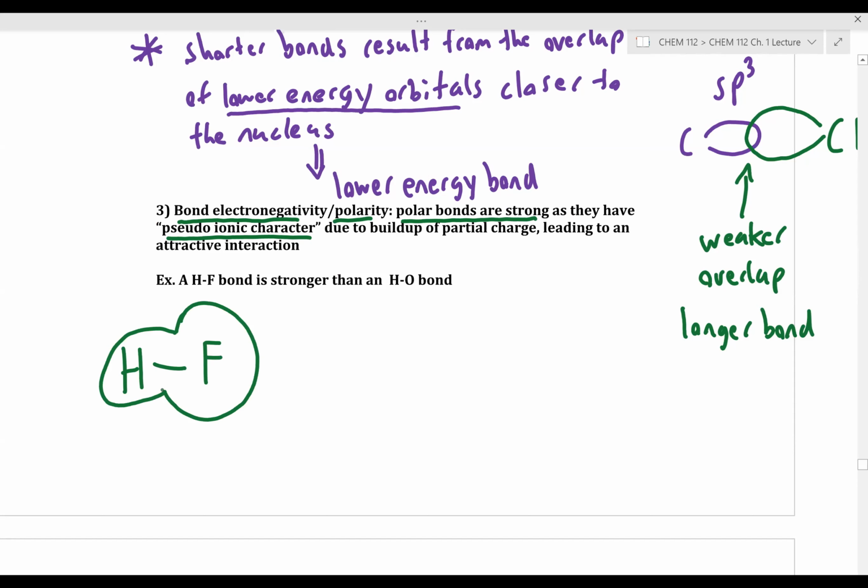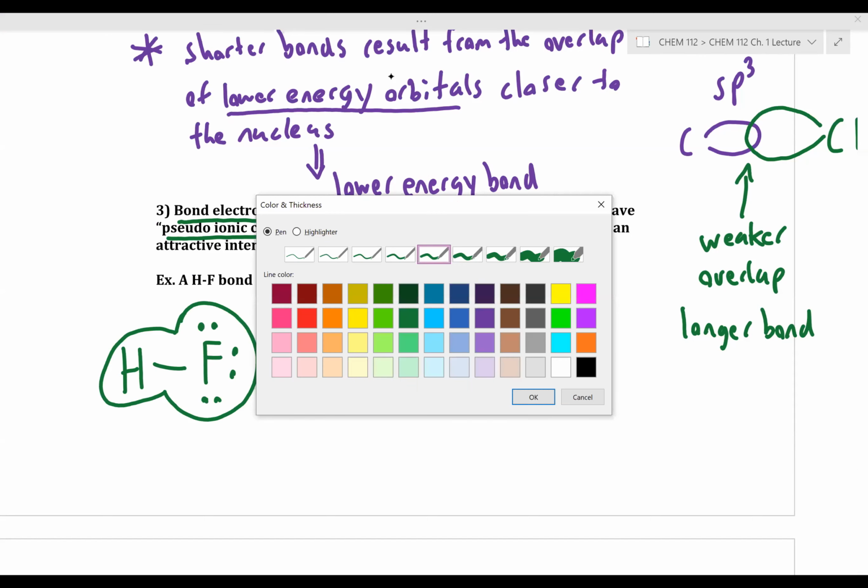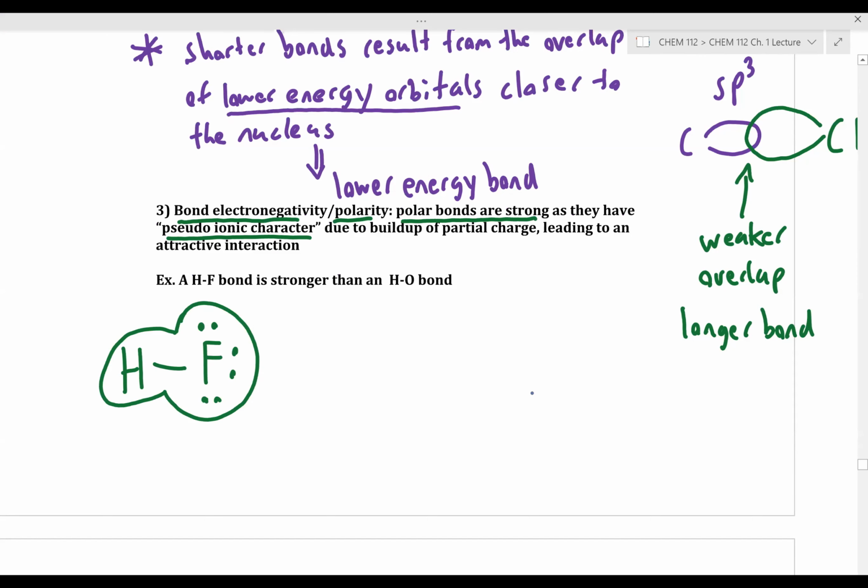Now, as a result of this uneven distribution of electron density, as a result of this polar bond, my question to you is, what kind of charge will build up on fluorine? Partial negative, right? And hydrogen will have a partial positive charge. Now, as we've learned in ionic compounds, do these opposite charges experience an attractive interaction? Do opposite charges attract?